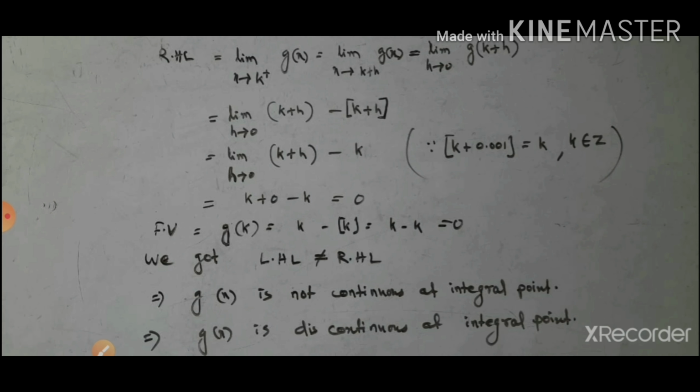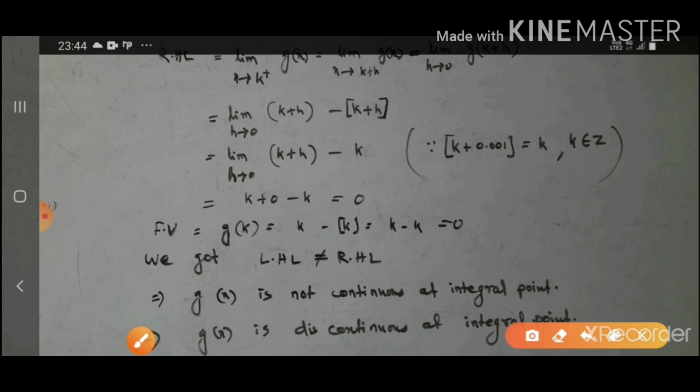Next we take the right hand limit. The limit as x tends to k plus of g(x) equals limit h tends to 0 of g(k plus h). This is the working formula. When we take the right hand limit, this is k, and k plus h is a point on the right side.